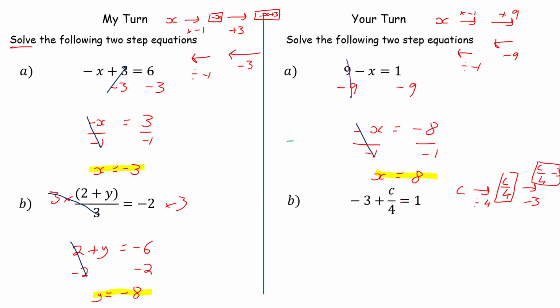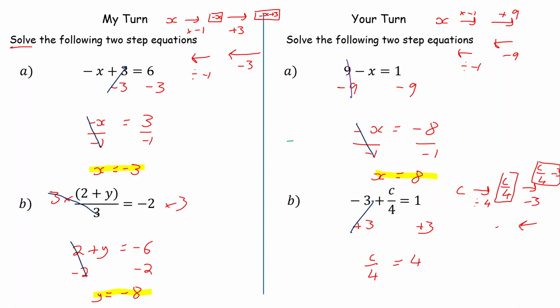which is what we've got over here. So now going back the opposite way, begin by getting rid of that -3 by adding on 3 to both sides. I add 3 and I add 3. And this is good because then these guys are going to cancel, which is good. So I've got left over c divided by 4. So c divided by 4 being equal to 1 plus 3, which is 4.